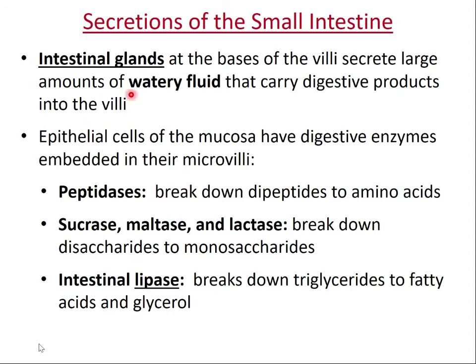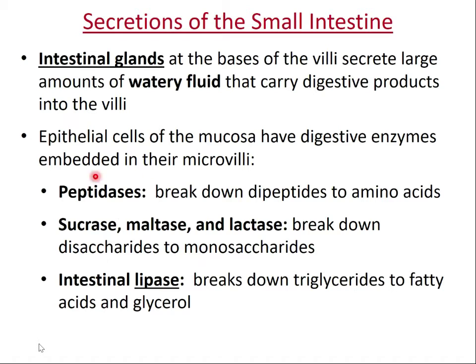These intestinal glands found at the base of the villi secrete a large amount of watery fluid. They carry digestive products into the villi. These digestive products are of several different types. Basically they have enzymes that will help digest all different types of nutrients: proteins, sugars, and even lipids.